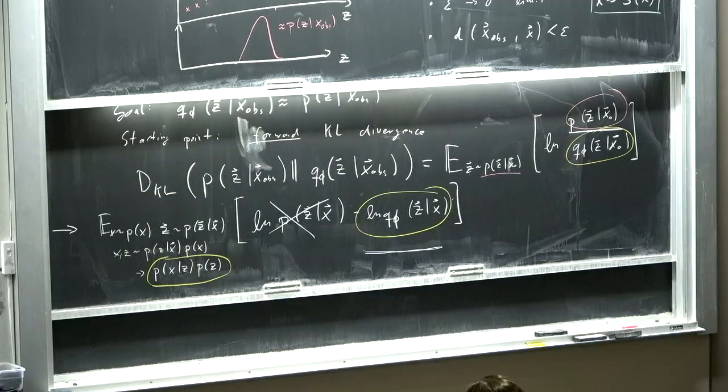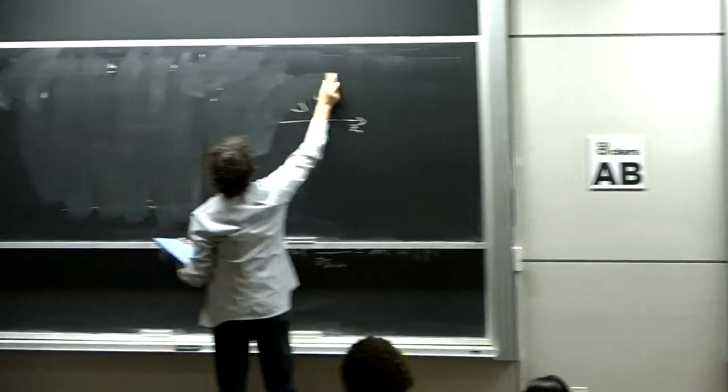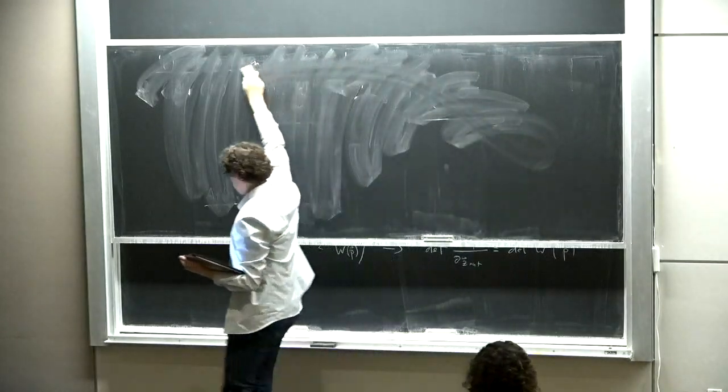Good, so I want to now also tell you about the algorithm that solves the same problem, but has fewer requirements on the network architectures. And it's also based on the KL divergence, but again, in a slightly different way.